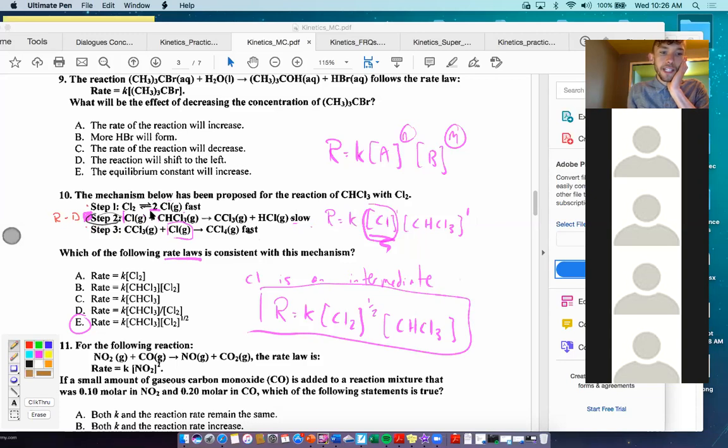So the first thing I did was write my rate law using that, using 1 up here because there's 1 mole. But then I recognized that that's an intermediate that came from this fast step. I can't have an intermediate, so I need to swap the intermediate with another reactant. I'm always going to be using a reactant to swap in for my intermediate.